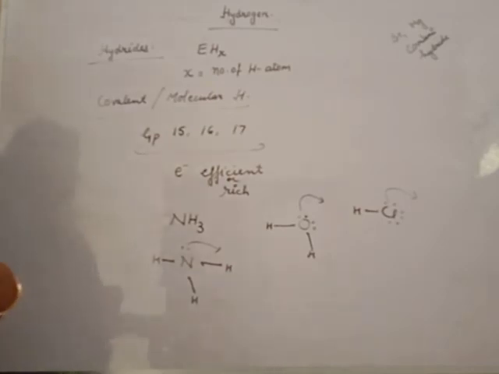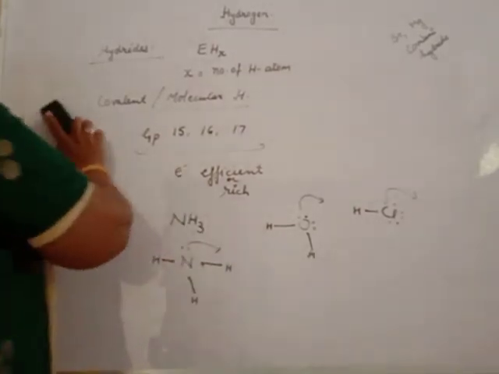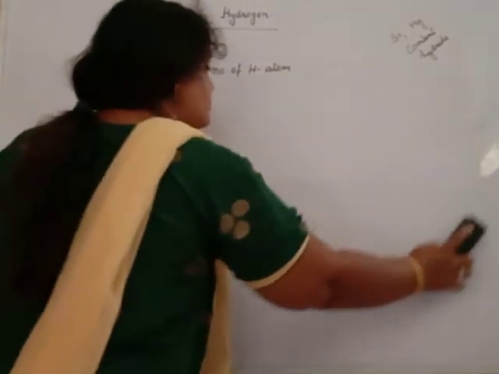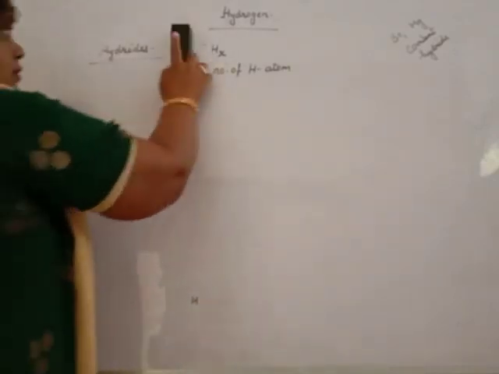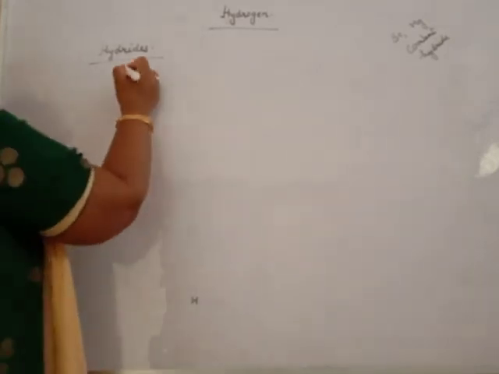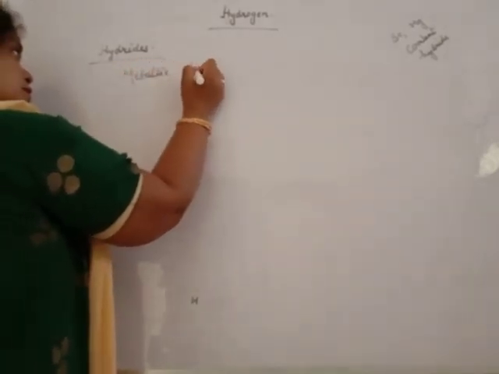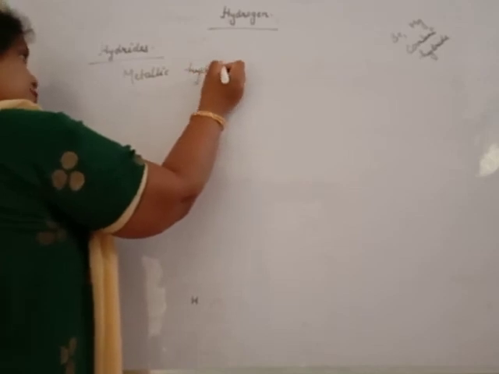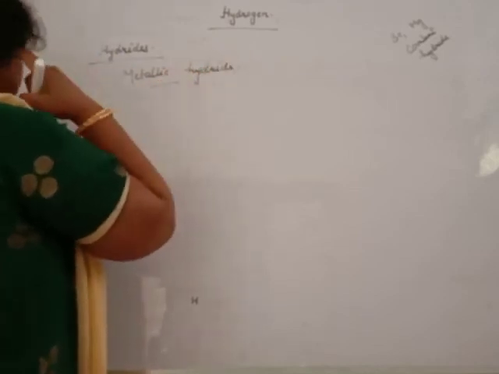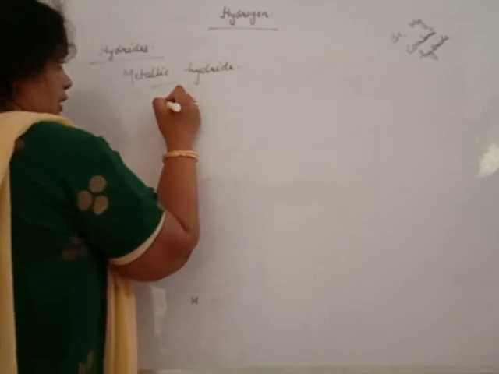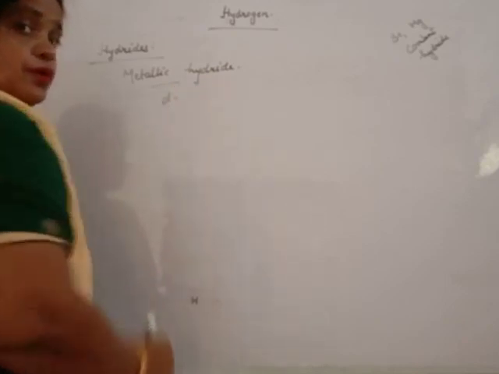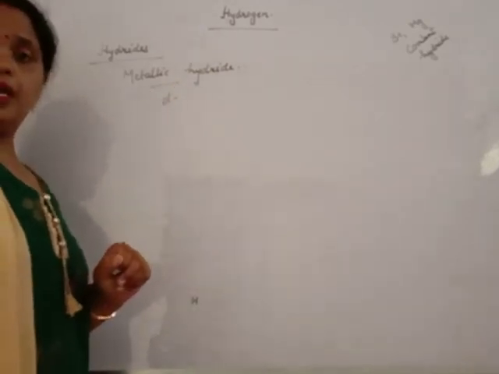Now, metallic hydride. Metallic hydrides are formed by d block elements, because lanthanoids and actinoids do not form any hydride.